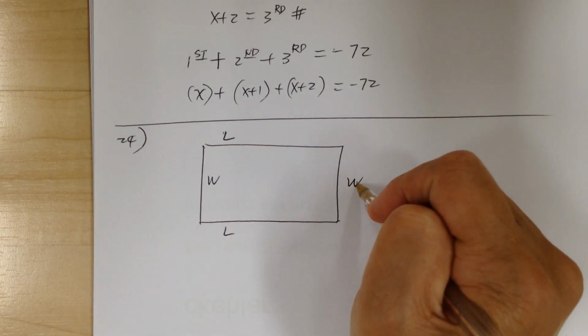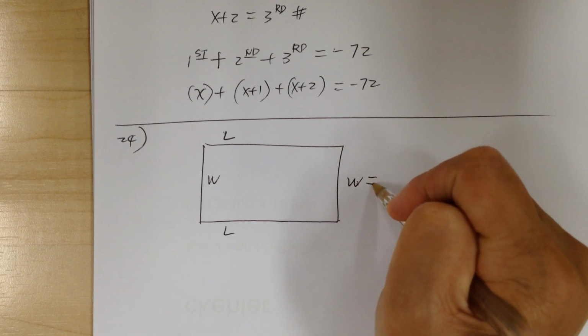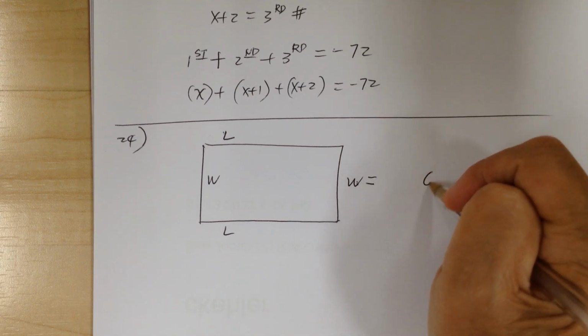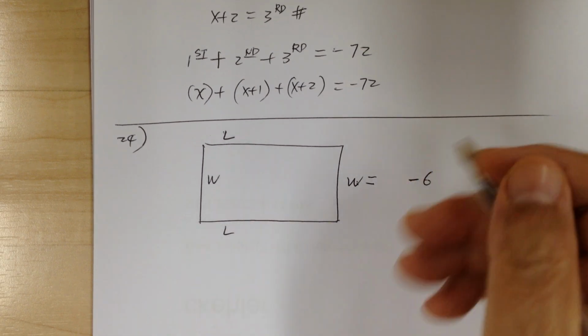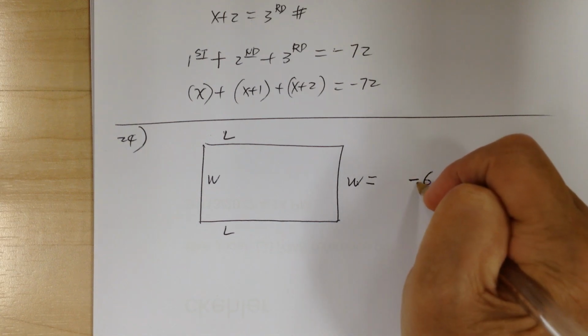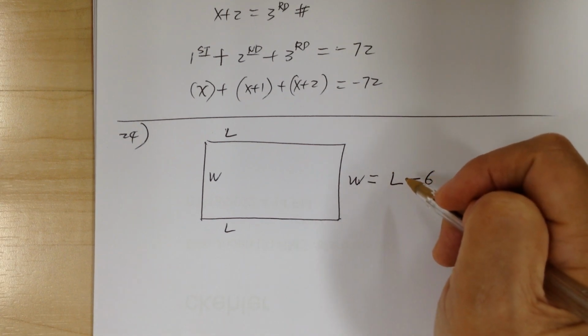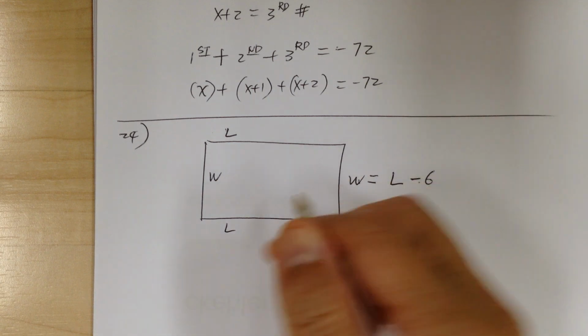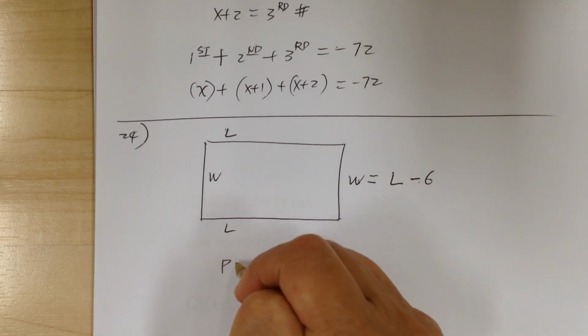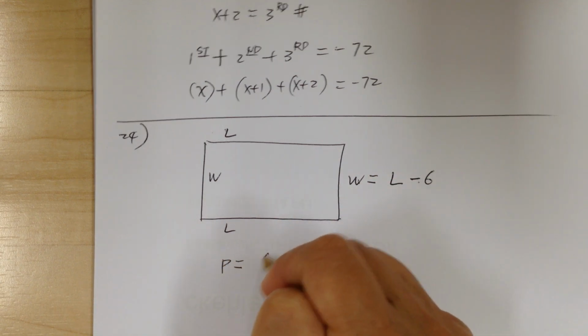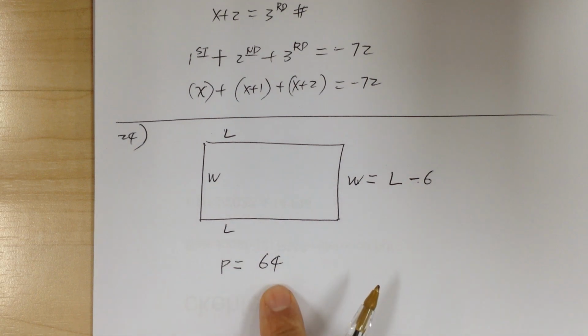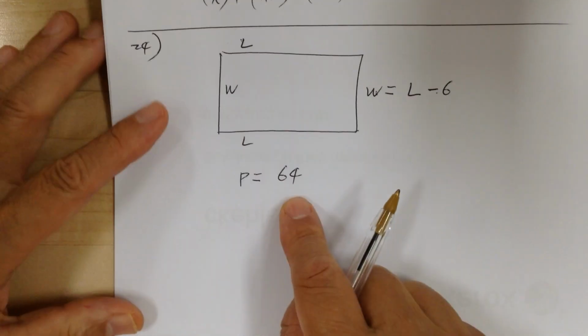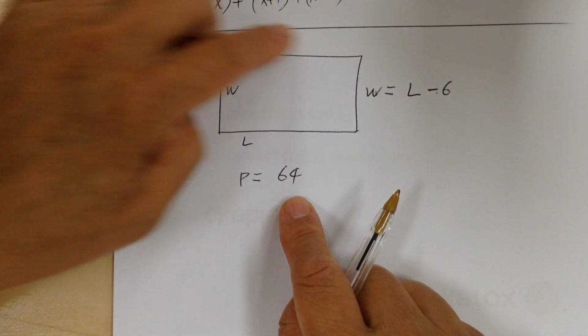So the width of the rectangle equals 6 less than its length. You have to go back, right? And the perimeter equals 64. Now you need to substitute, because the perimeter is equal to all 4 sides.